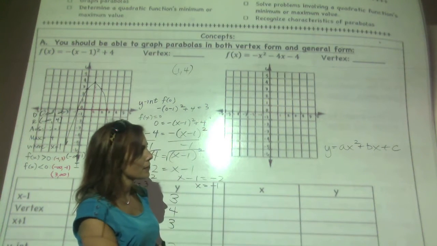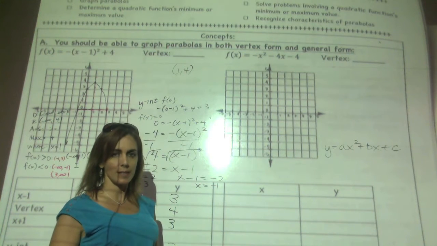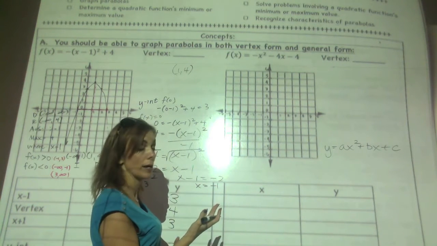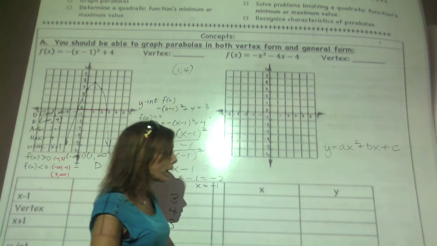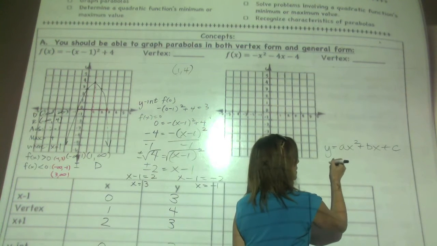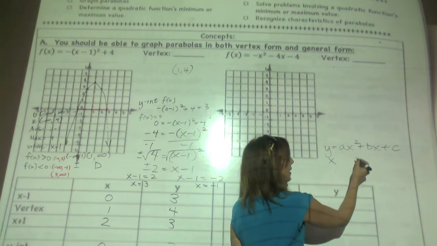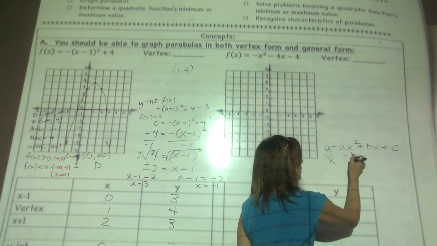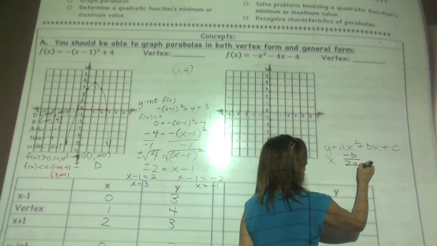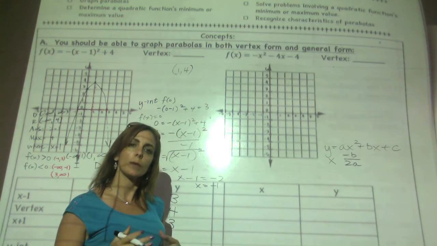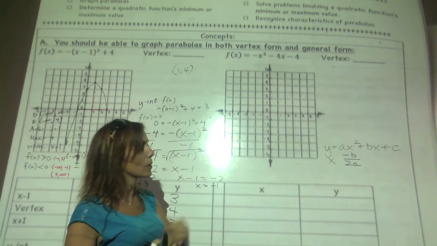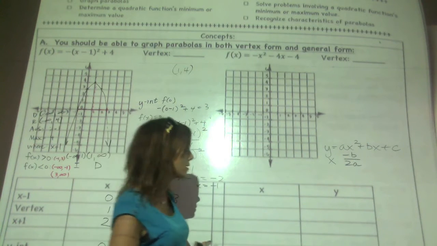If we're looking at something in this form, the vertex is not evident from just the equation. But we can find it, and the way we find it is we find the x of the vertex first. We find the x by saying what is negative b over 2 times a. Once we have that x value, we're going to substitute it back into our equation, and that will give us our y value.